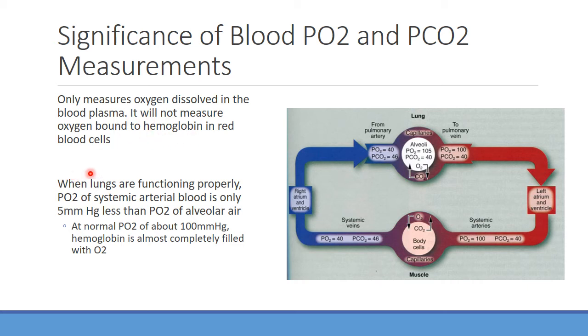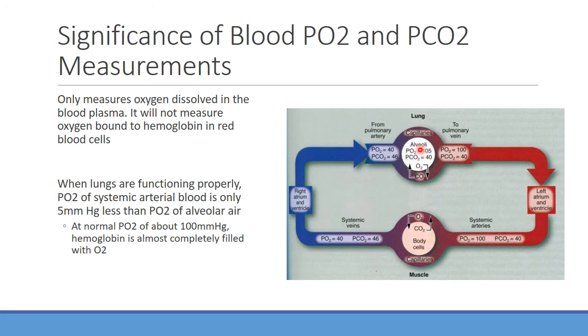Okay. So anyway, when the lungs are functioning properly, the PO2 in the systemic arterial blood is only about 5 millimeters of mercury less than the PO2 in alveolar air. I mention this because once blood travels into the lungs, say the lung up here and the muscle down here, we're delivering oxygen. The PO2 coming in from the veins is going to be desaturated to some degree because it was delivering oxygen to the tissue, so maybe only around 40 millimeters of mercury.